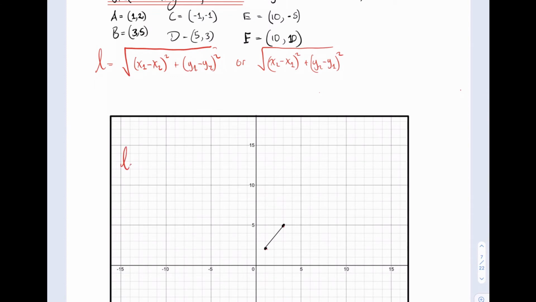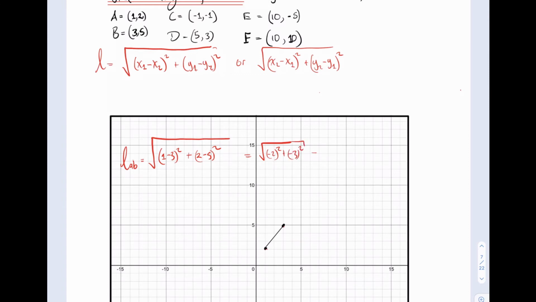The length of the line segment AB is going to be the square root of, what's my x1 in A? It's going to be the difference between these two. So we have 1 minus 3 squared plus, in order to be consistent, 2 minus 5 squared, which is equal to the square root of negative 2 squared plus negative 3 squared, okay?